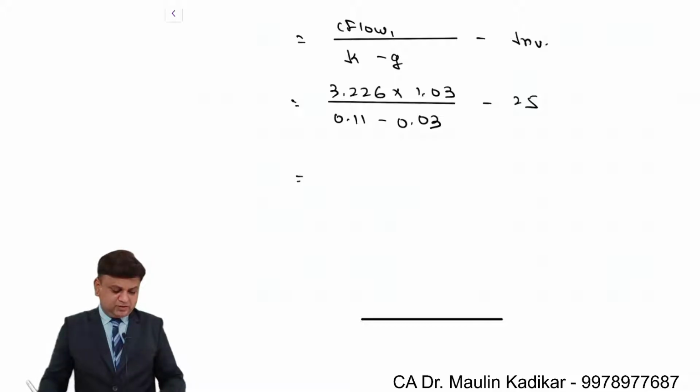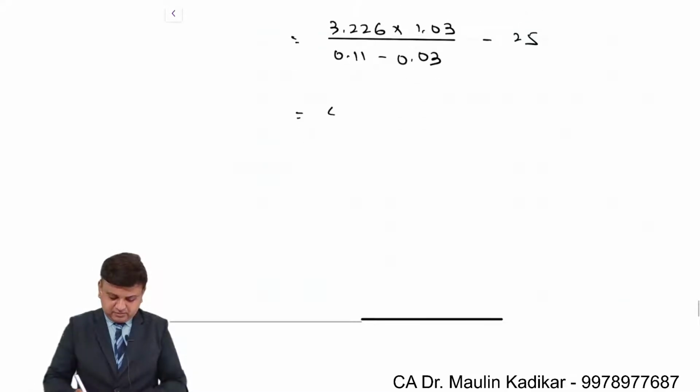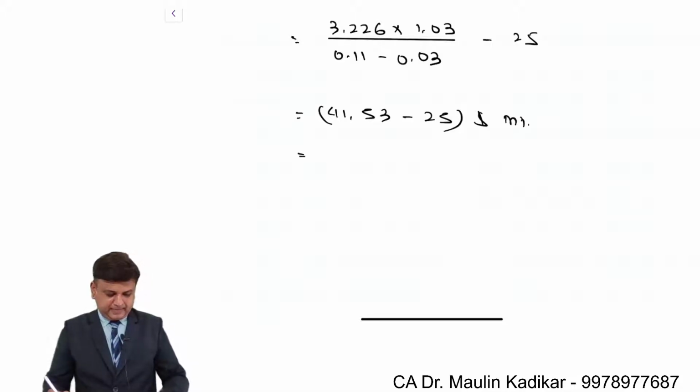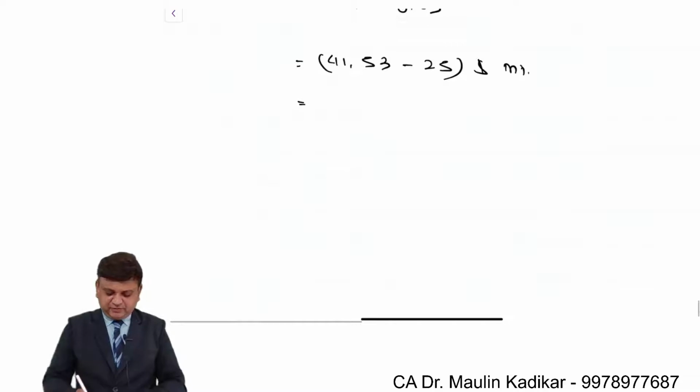So please use your calculator. 3.226 into 1.03 divided by 8%. So 41.53475. So I'm ignoring the rest. Minus 25. This is in $million. So it is 16.53 $million.